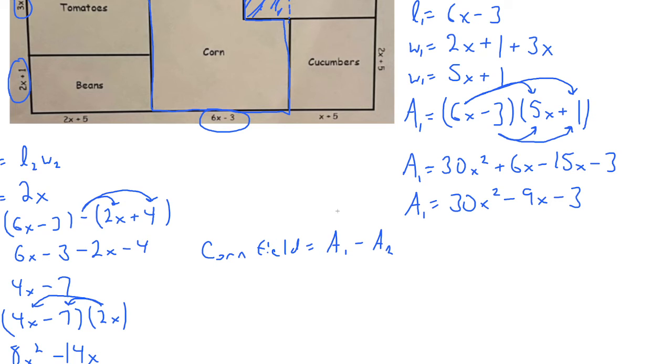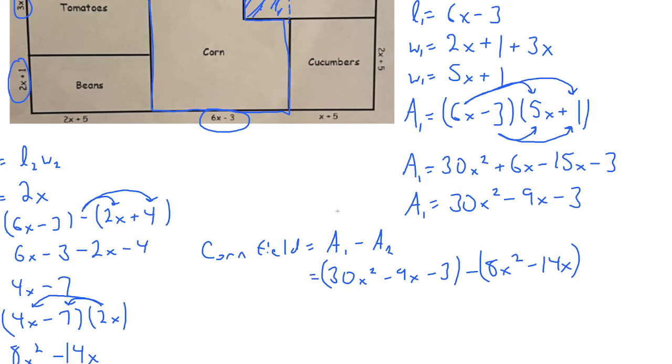You subtract the areas. So A1 is going to be all this. A1 is 30x squared minus 9x minus 3. And then you subtract A2, which is going to be the portion that's not part of the cornfield, which is 8x squared minus 14x. Don't forget to put these in parentheses.